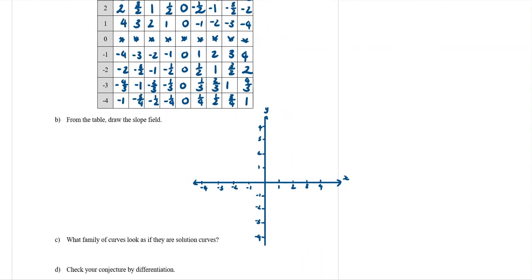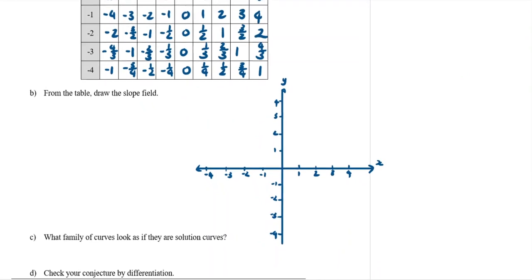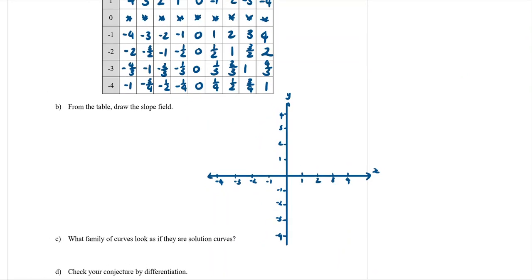To draw them in, maybe you want to start with the 0 in the middle. So when y was equal to 0, we had all those stars in there, meaning we couldn't get a solution. What does that indicate in terms of a gradient? Thinking of our good old-fashioned rise over run, when is a gradient undefined like that?